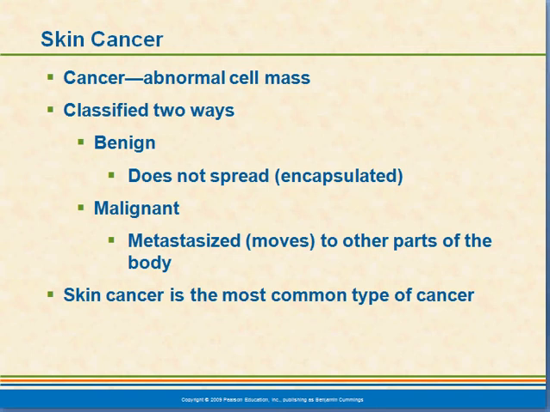Okay, so in this last part of our presentation on skin, we're going to talk about skin cancers. We'll give you some definitions of what a cancer is. Cancers are an abnormal cell mass. Cancerous cells, first off, have forgotten who they are.